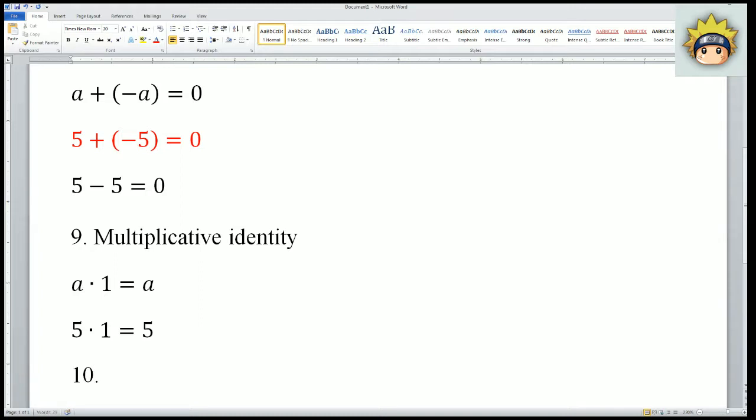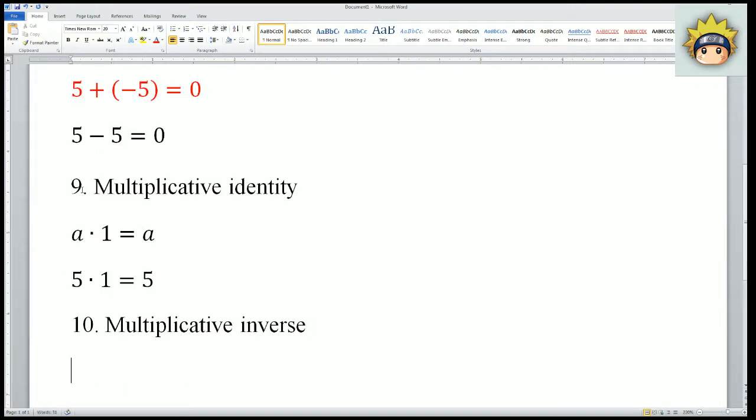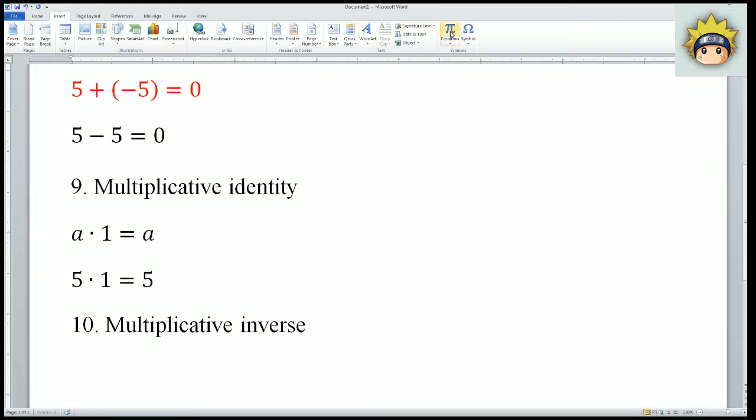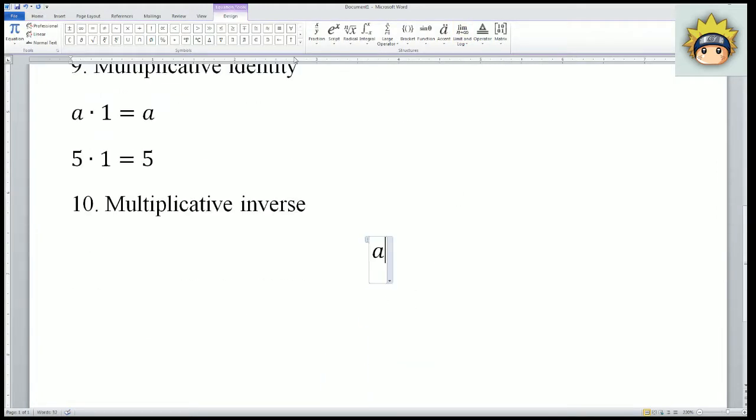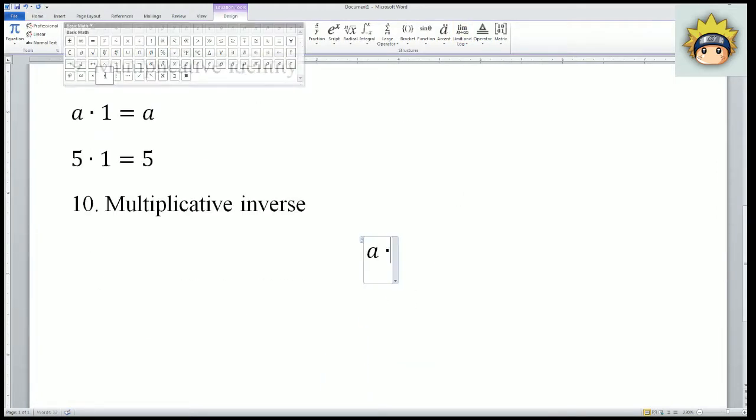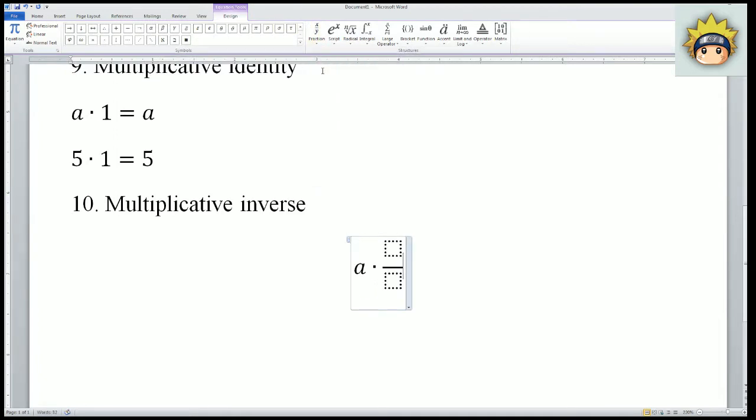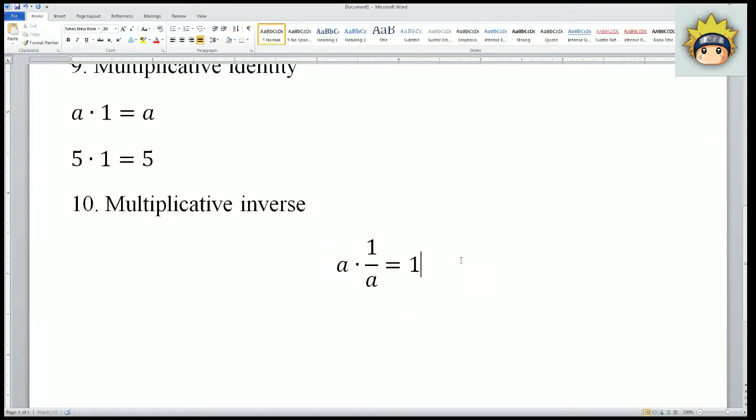Number 10. 10 is the multiplicative inverse. That one follows this format. A times 1 over A equals 1. It's multiplying times its reciprocal, its flip, will equal 1.